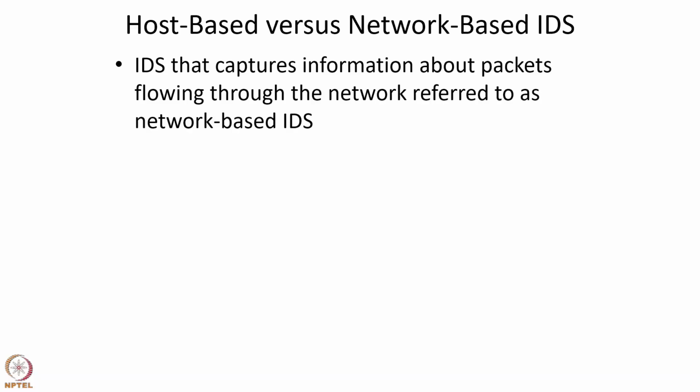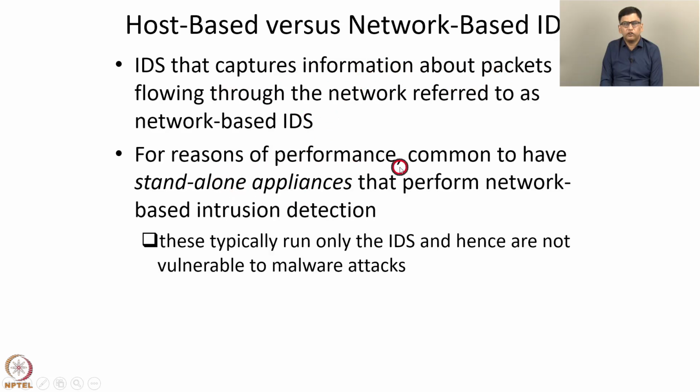Now, we discuss another classification based on where the IDS resides, whether it resides in a host or in a network. An IDS that captures information about packets flowing through the network is referred to as a network-based IDS. For reasons of performance, it is common to have standalone appliances that perform network-based intrusion detection.